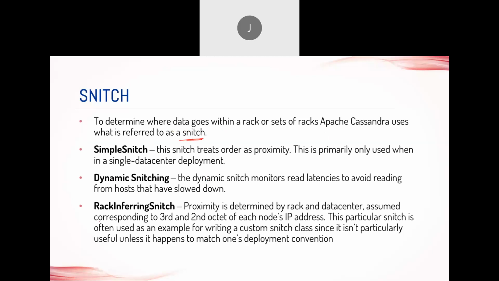Snitch is the topology of where the data is present, the topology of your distributed architecture. If you have to set up an Apache Cassandra data center, how it is arranged in the racks or on the nodes, all those things you can get through the snitch.